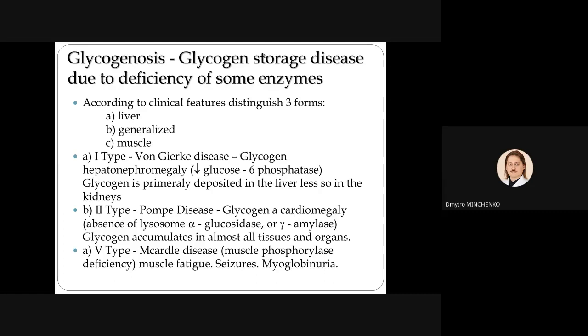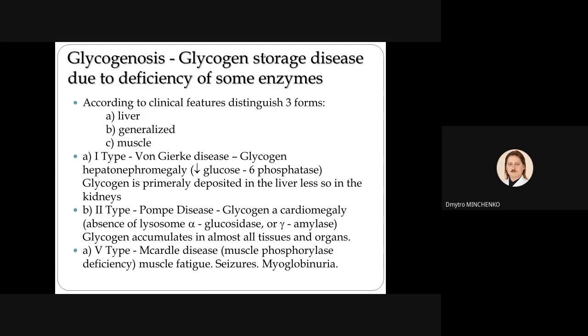Glycogenosis, glycogen storage diseases due to deficiency of some enzymes. According to clinical features, we distinguish three forms: liver form, generalized, and muscle form. So we have type 1, Gierke disease, glycogen hepatosplenomegaly with decreased glucose 6-phosphatase, if you remember from the previous slide. Glycogen is primarily deposited in the liver, less so in the kidneys.